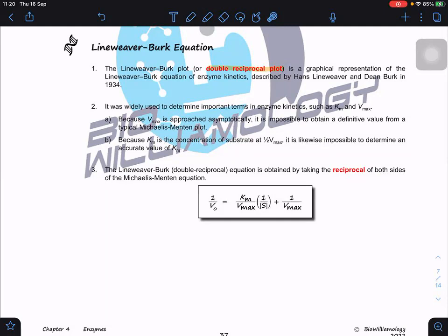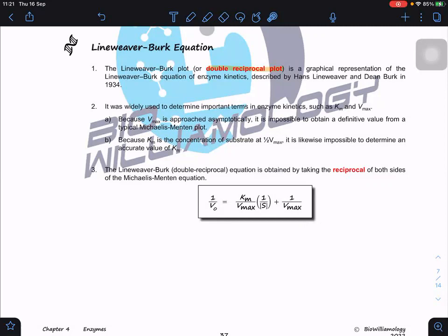As I said, Vmax is approached asymptotically, and it's impossible to obtain the definitive or true value from a typical Michaelis-Menten plot. And if we can't get the Vmax, then Km also cannot be determined. Are you clear? This double reciprocal equation can be obtained by taking the reciprocal of both sides of the Michaelis-Menten equation, then you will get this formula.